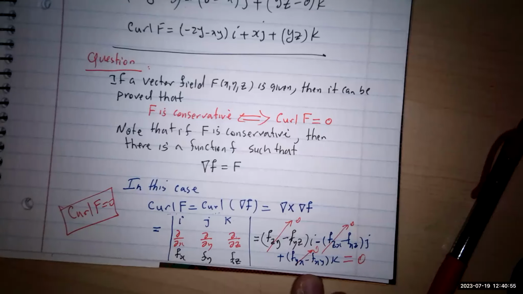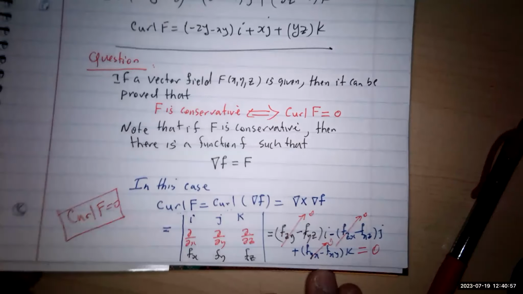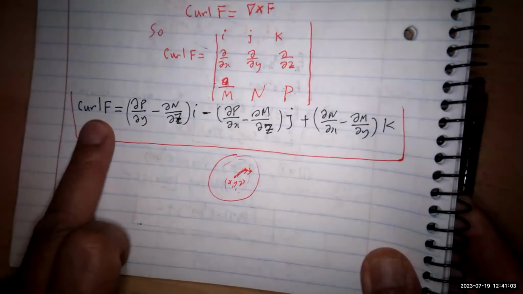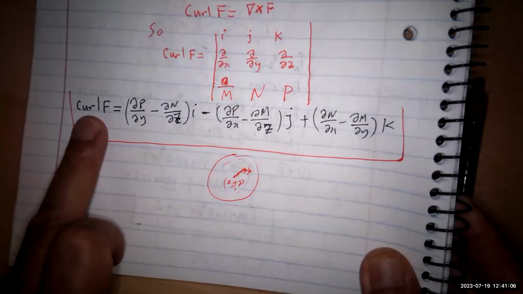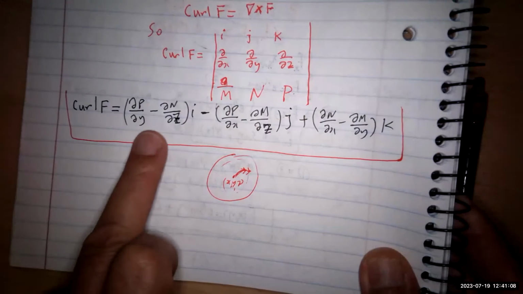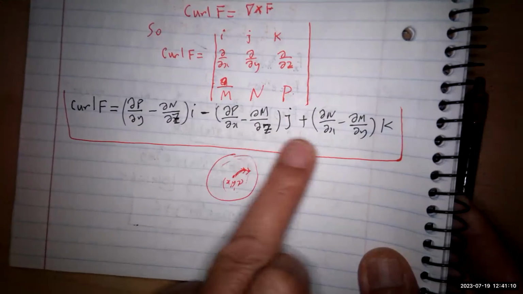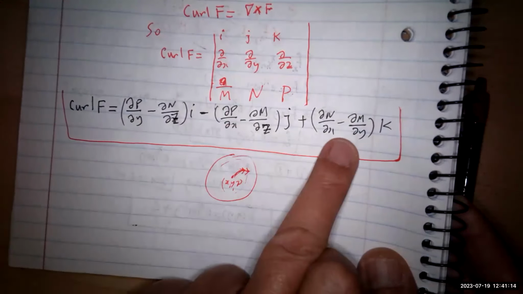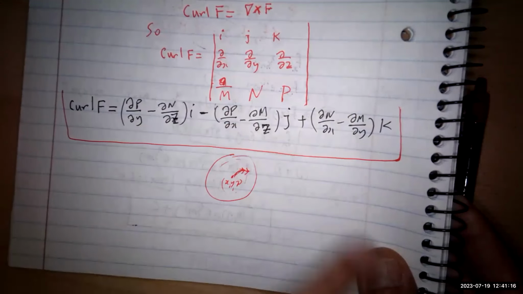But what would happen if the curl is 0? Look at this one. That's a curl vector. If this vector is 0, then the components must be 0. So if you put each component equal to 0, that gives you 3 equations.